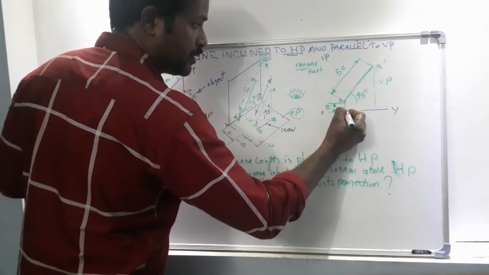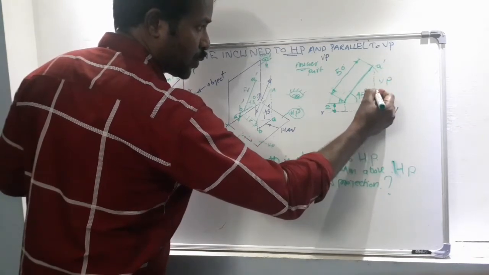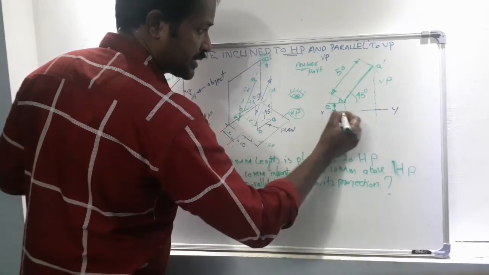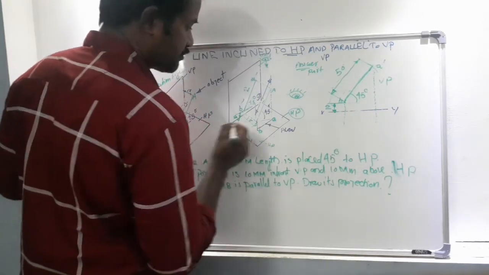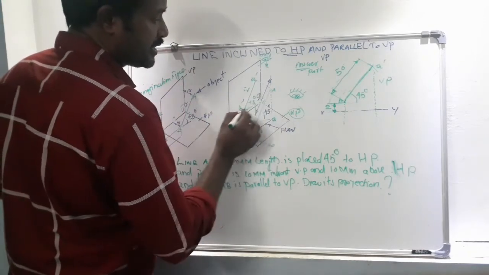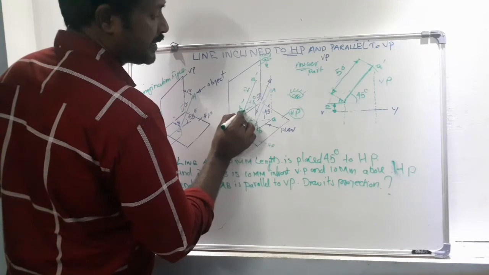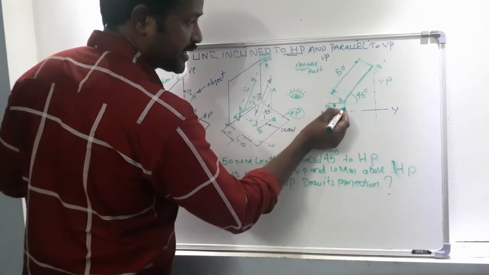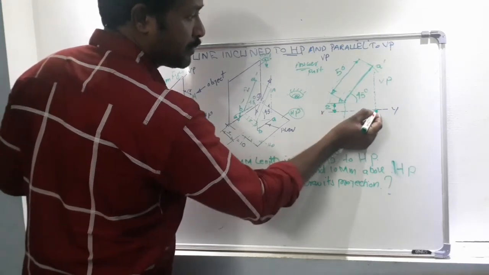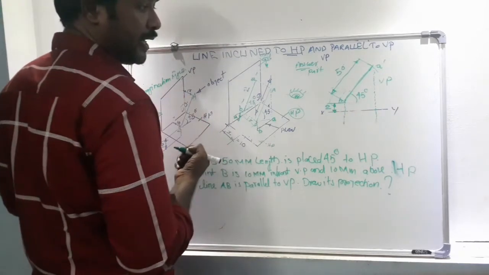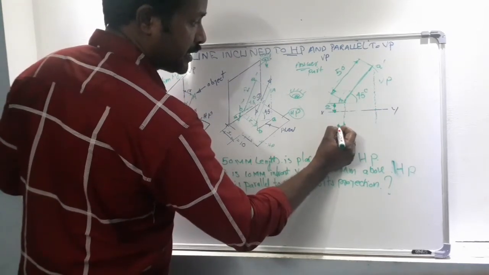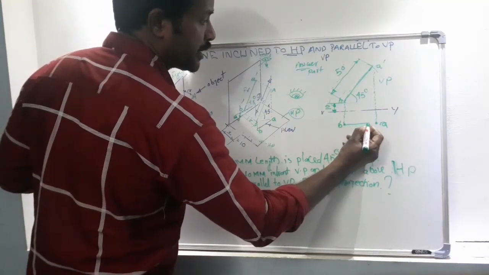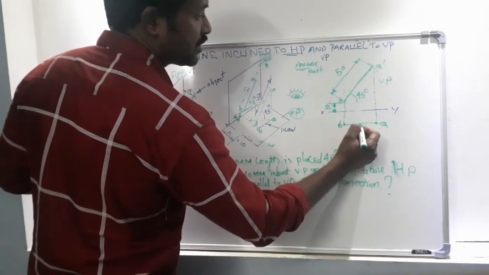That means draw a vertical projector in the downward direction, and extend that line up to 10 mm distance, because our line AB is inclined 45 degree, keeping 10 mm distance in front of the vertical plane. So we have to extend this projection line up to 10 mm below the XY line. Now this point becomes B and this point becomes A. Now join both these points by a straight line.